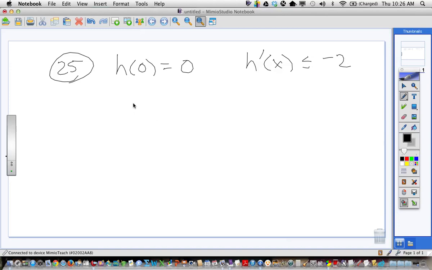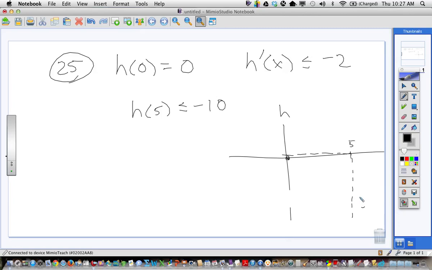So they first asked me, is it possible that h of 5 is less than or equal to -10? Is that correct? Okay, so we look at this, we got the h graph right here. We start at 0, 0, and they're asking me about h of 5. So if I go over 5, I know I've got to go down 10.